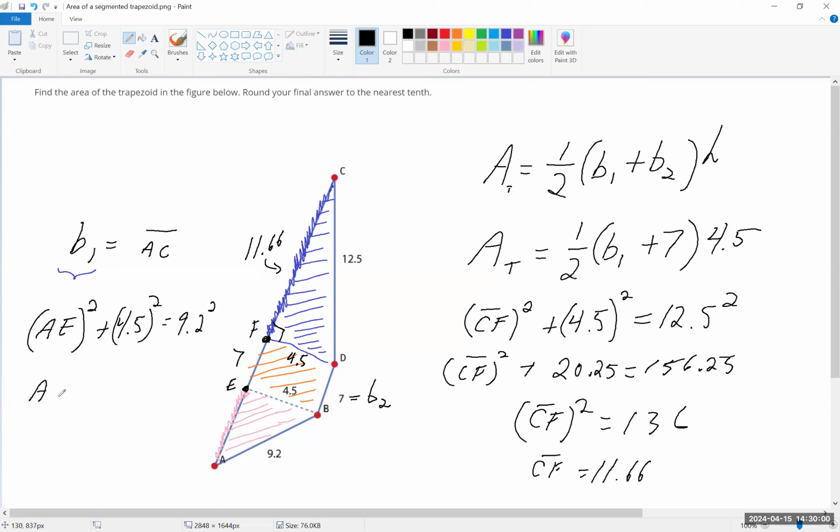So that's AE squared plus 20.25, same answer. And 9.2 squared, let me see what that is. 84.64.